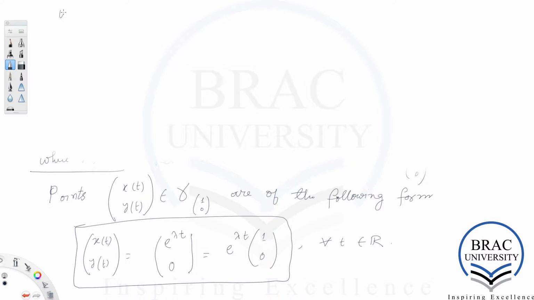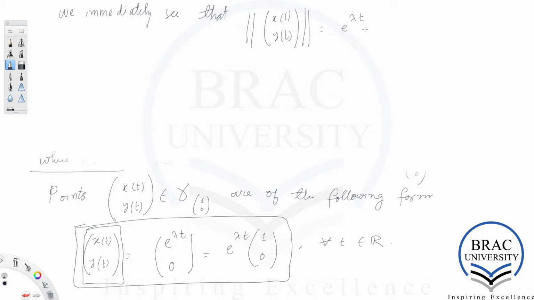We immediately see that the norm of this generic vector in the orbit is nothing but e to the lambda t.